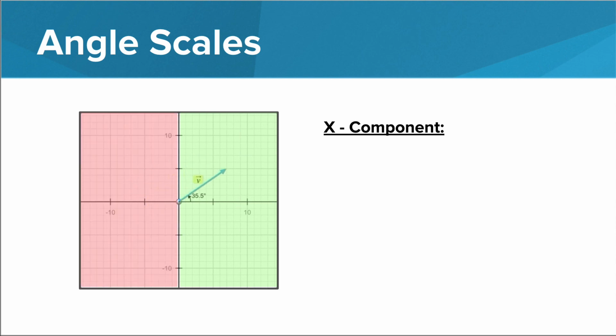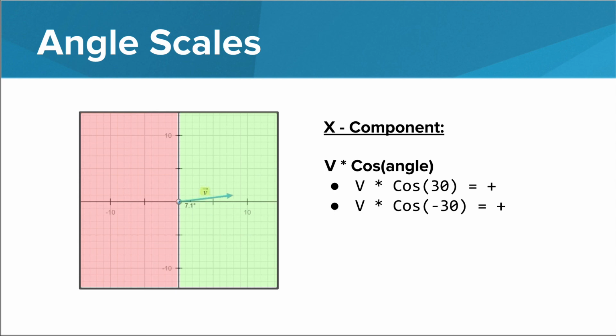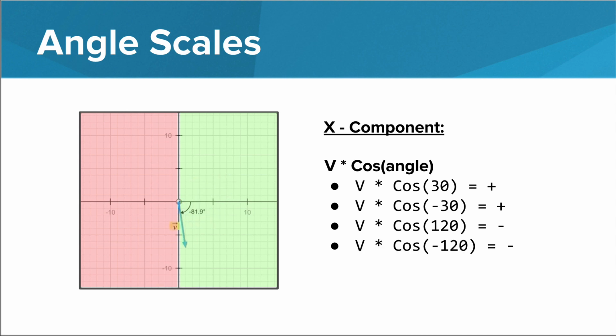If we look at the math to calculate the x component we've been using, hypotenuse times cosine angle, with angles smaller than positive or negative 90 degrees, like 30 and negative 30, the calculations give us positive values. When the angles are greater than positive or negative 90 degrees, like 120 and negative 120, we get negative values.